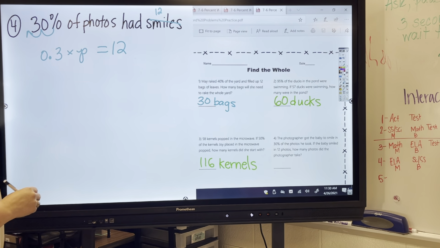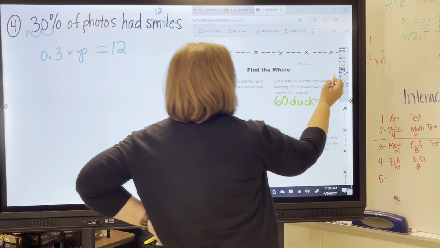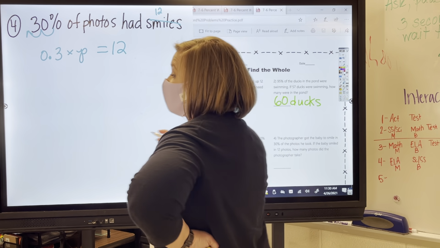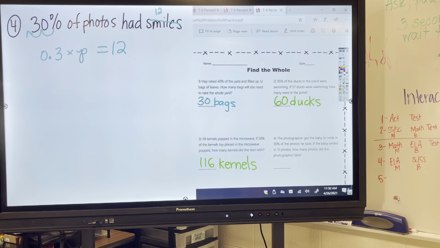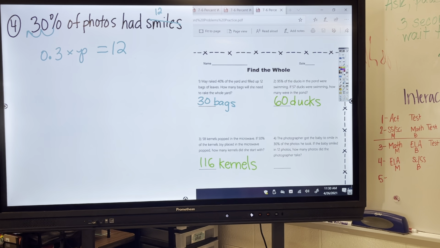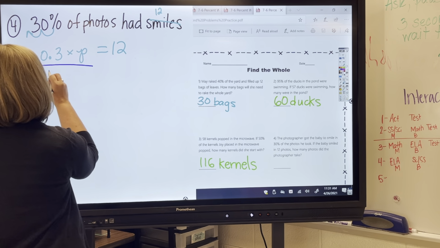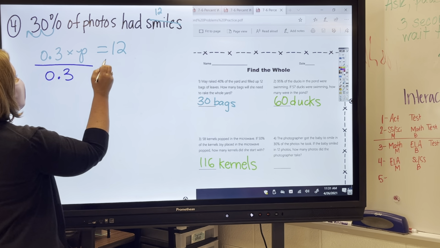So how are we going to solve this? Divide by what? We're going to have to divide by 3/10.